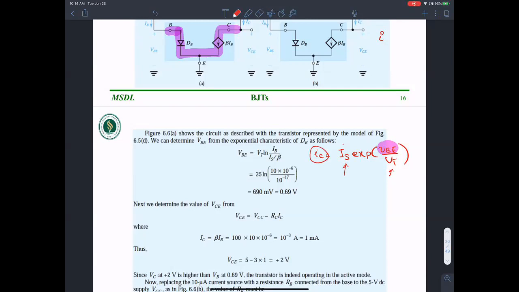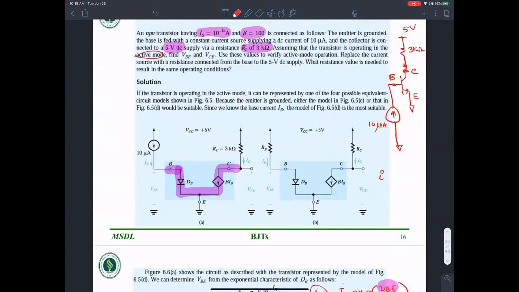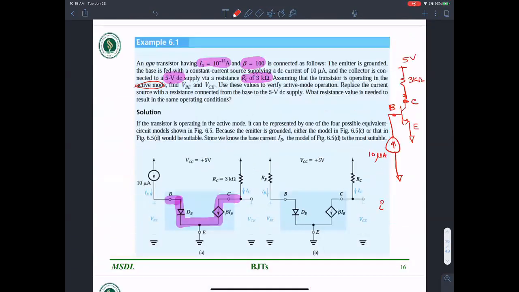It doesn't appear that I have IC, but IC can be found by noticing that it is beta times IB. The definition of beta is IC over IB. IB is given to be 10 microamperes.